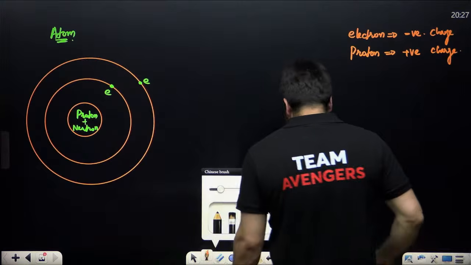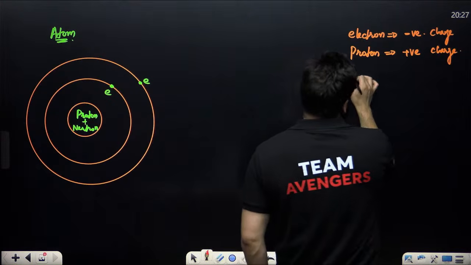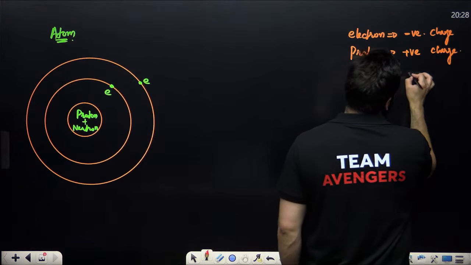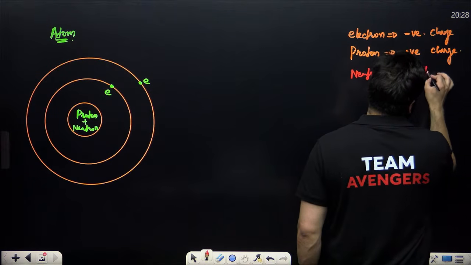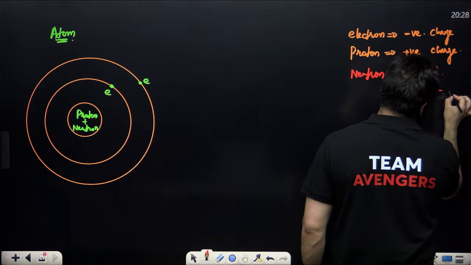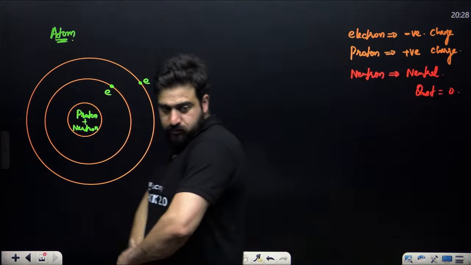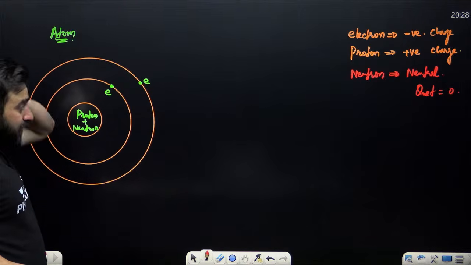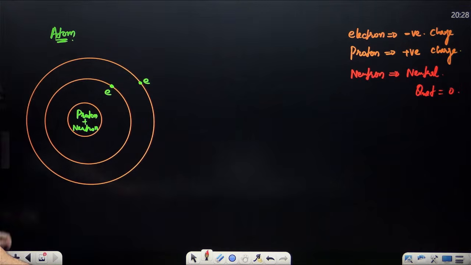And the particle we call the neutron, these are what we call neutral particles. So net charge on this is 0. This is how we define electron, proton, and neutron.